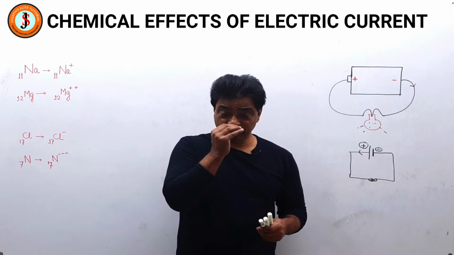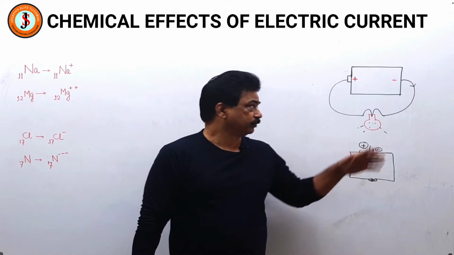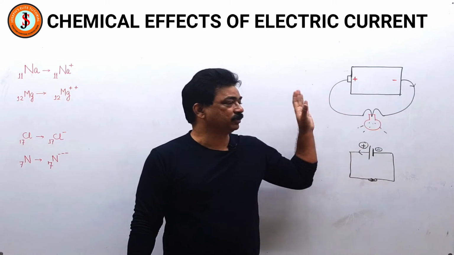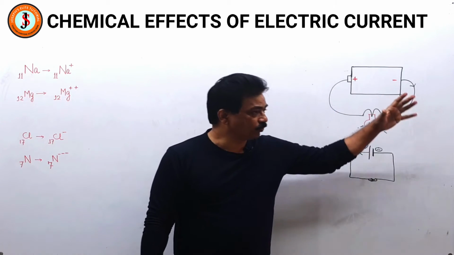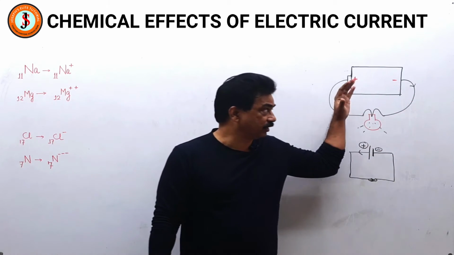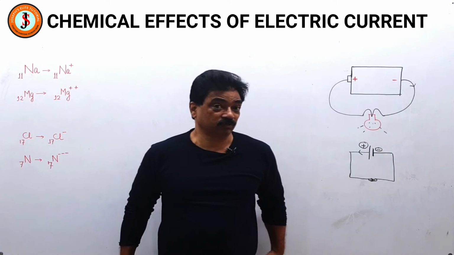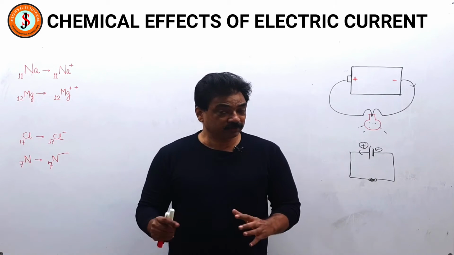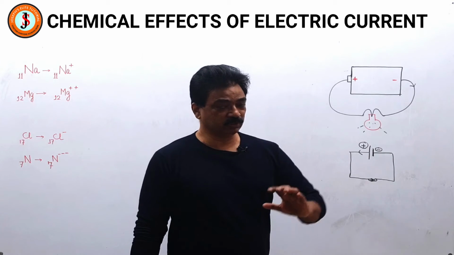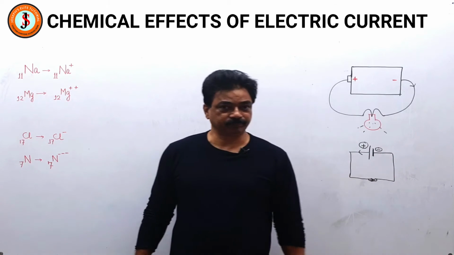That is called the conventional direction of electric current. Electrons flow from negative terminal to positive terminal, from low potential to high potential, but conventional current flows from high potential to low potential. It is just the opposite of electron flow. So these small things in your learning outcome, pause the video and write.